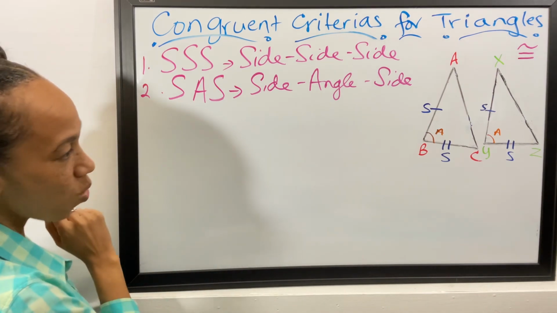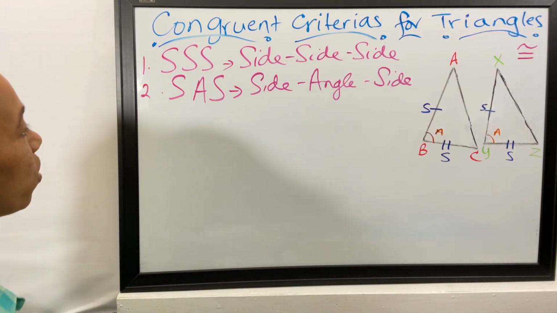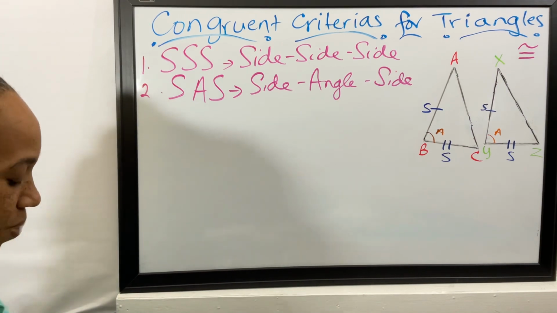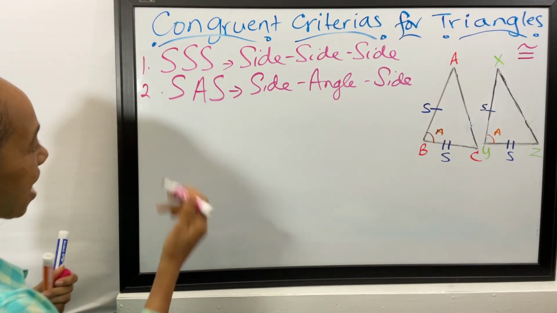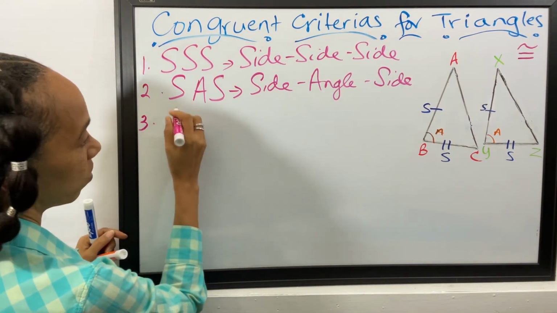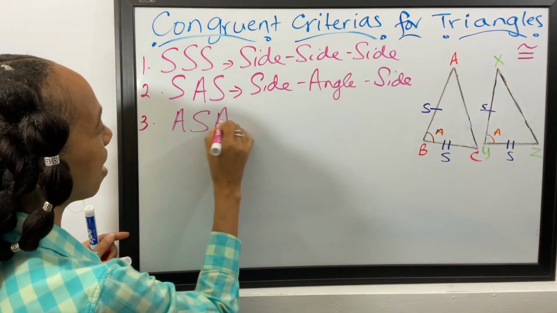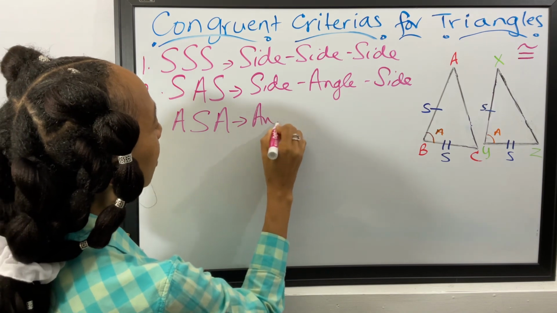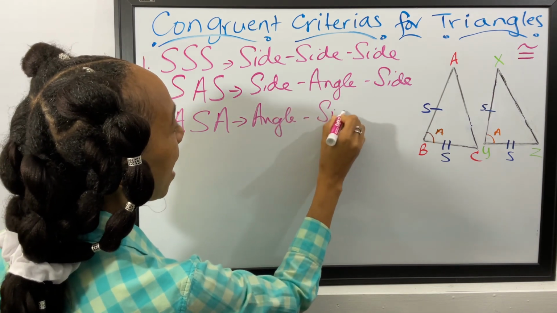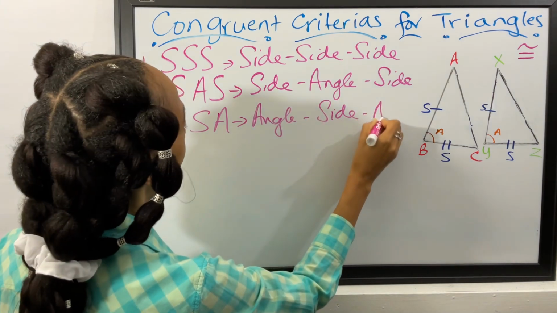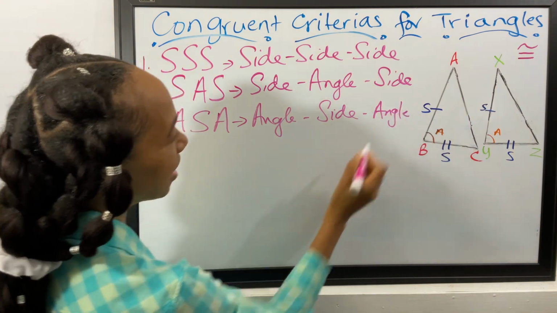Now the next one that I'm going to show you, the third one, is simply ASA, and that is angle, side, angle, ASA.